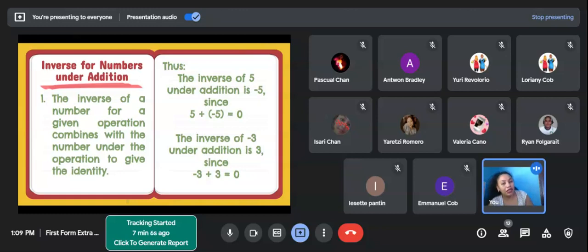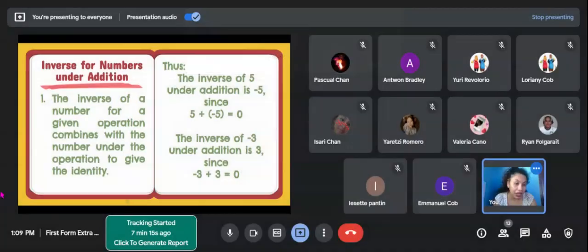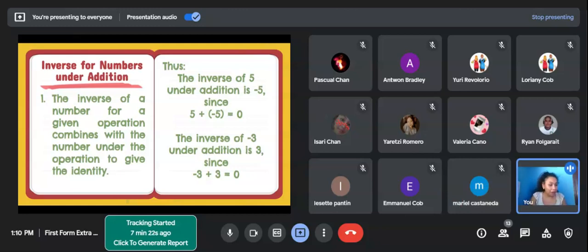Now the inverse for numbers under addition: I need to add two numbers that give me zero. These two numbers have to be the same number, but with different signs. So I have an example. If I give you the number 5 and I tell you, give me the inverse of 5, you are going to say negative 5, because negative 5 is the opposite of 5.